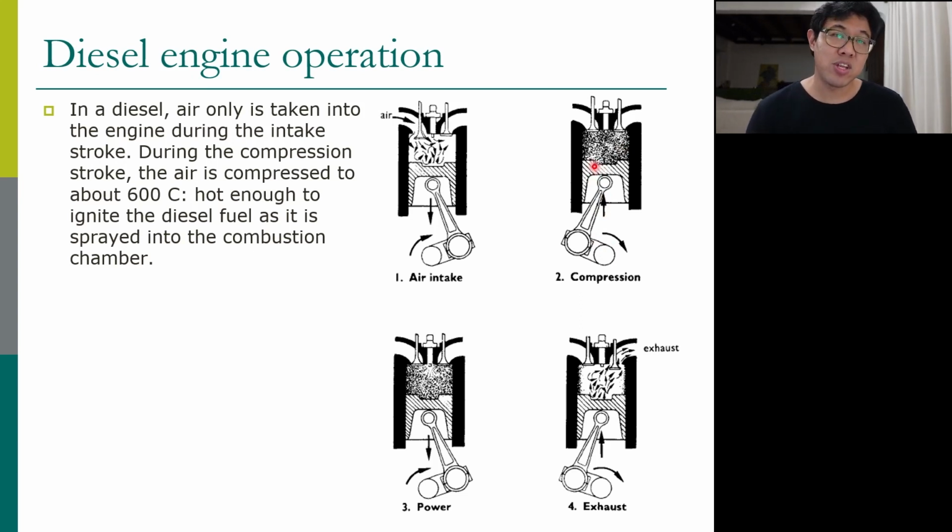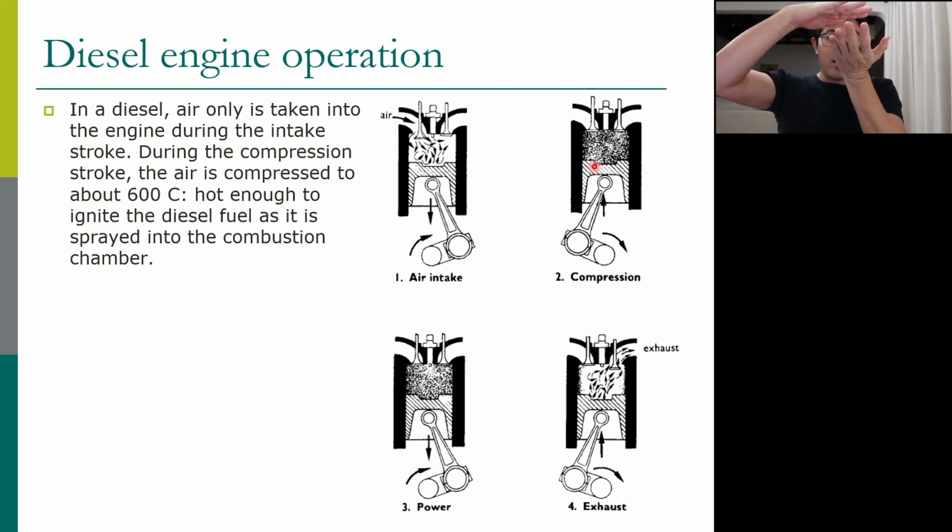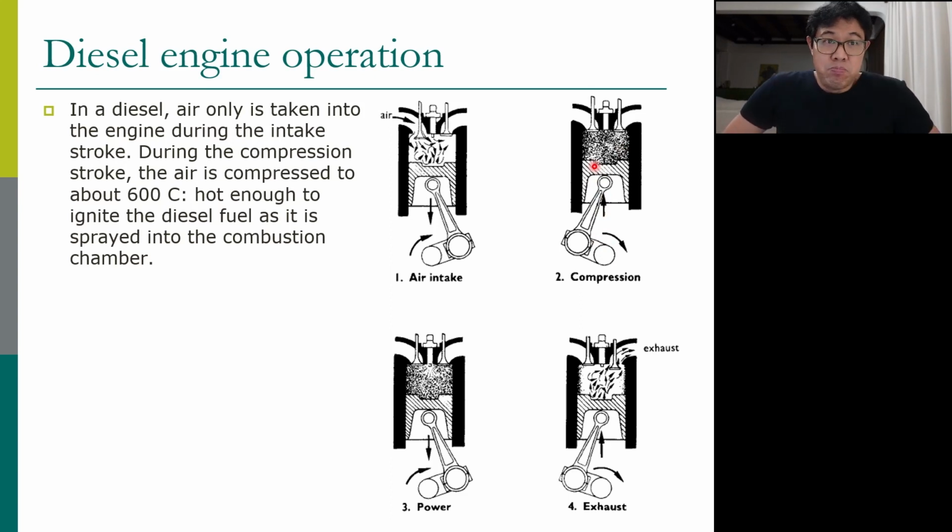Normally for a gasoline engine we compress 8 to 1, right? For a diesel engine you compress like 17 to 1, 20 to 1, so you compress more. When you compress more, the air has high pressure and also much higher temperature than in a gasoline engine. Now you have hot air inside.